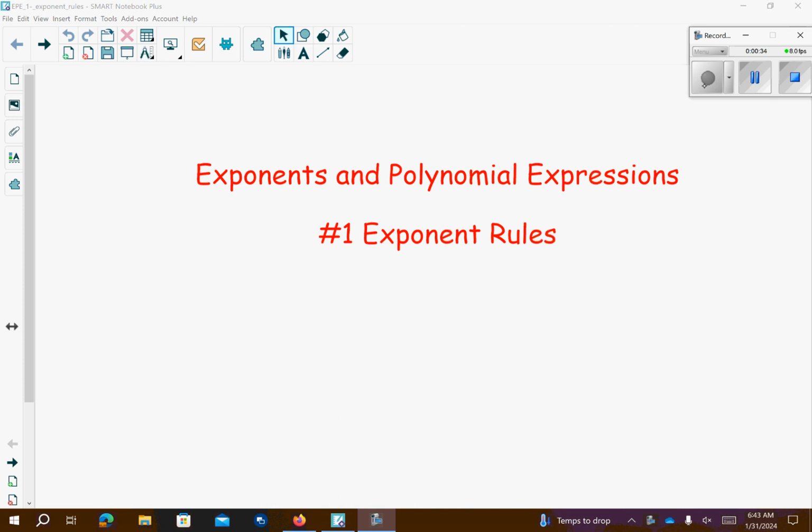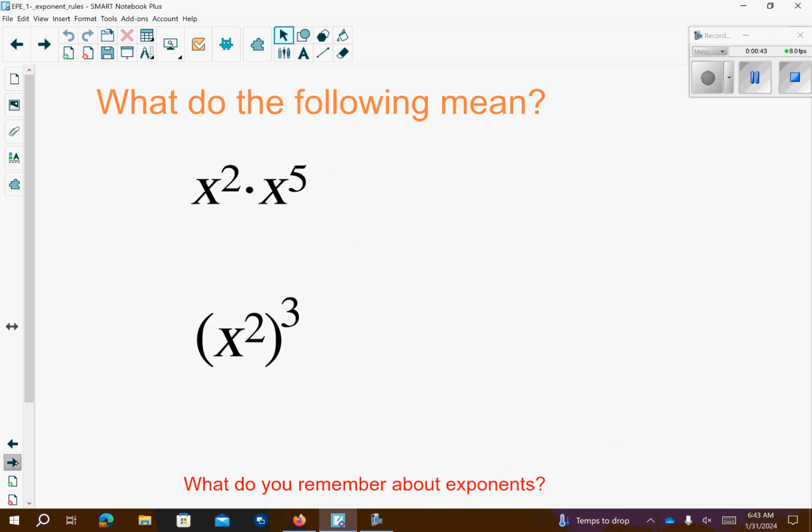So these are exponents on page 1 of your new notebook. An exponent is when I'm raising either a number or a variable. A variable is a letter standing for a number. When we have this, it basically means 2 of them, and then 5 of them, multiplying all together.